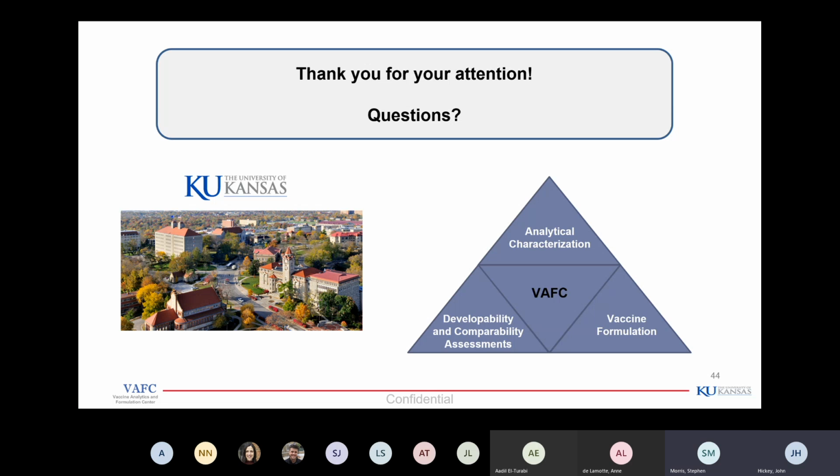But if these modifications do have a detrimental effect on potency, then obviously you need to mitigate those modifications. So I would say for the mass spec side of things, it should be viewed as a tool to help inform the process and product.